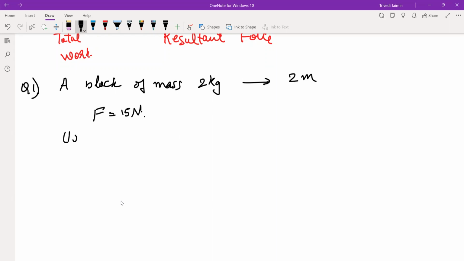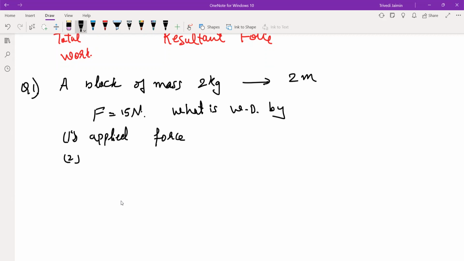What is the work done by the applied force?